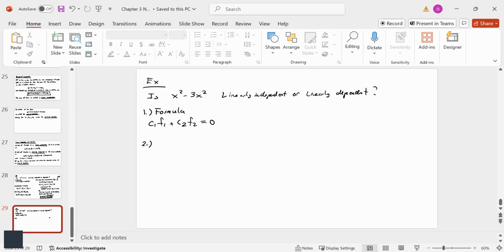Step 2, find F1 and F2. Do I need the 3? Doesn't matter. But let's just include it. There we go. Step 3, plug in.